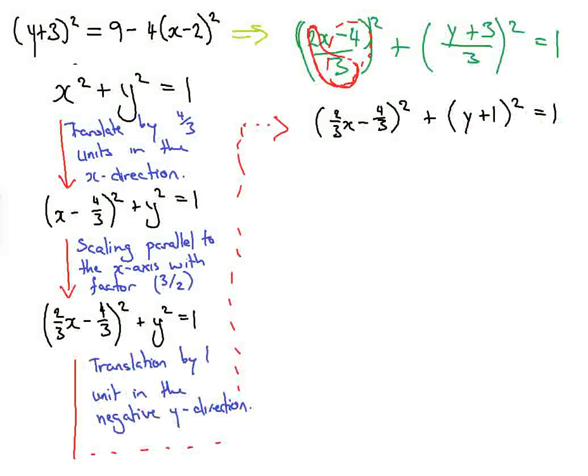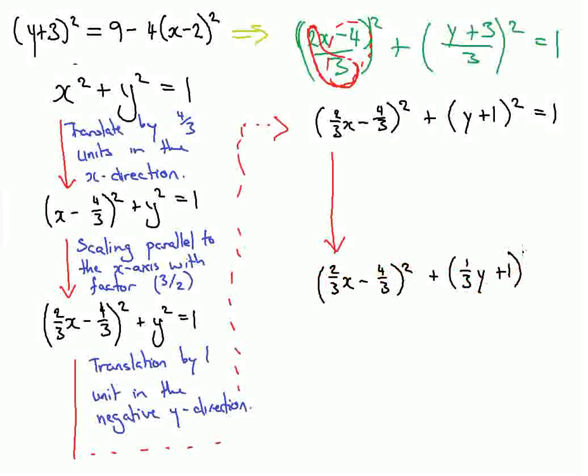So we're almost finished now, but if we do this last one, we still have to scale y, and this is a 1/3, so we're actually scaling by a factor of 3. What we're going to do is this is going to be ((2/3)x − 4/3)² + ((1/3)(y + 1))² = 1.